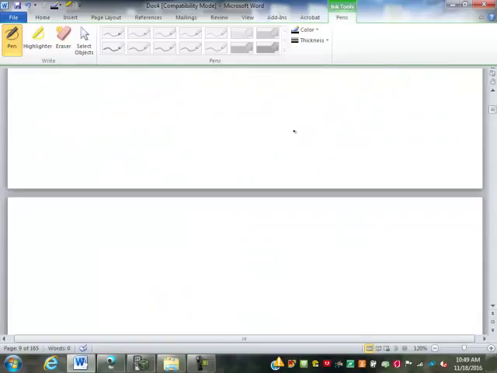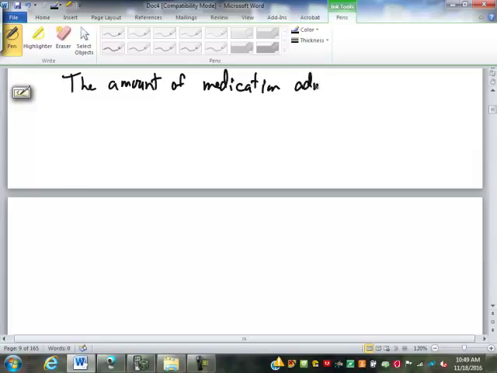Okay. Well, where would this come into use for you guys in the medical field? Well, let's say you know that the amount of medication administered is directly related.